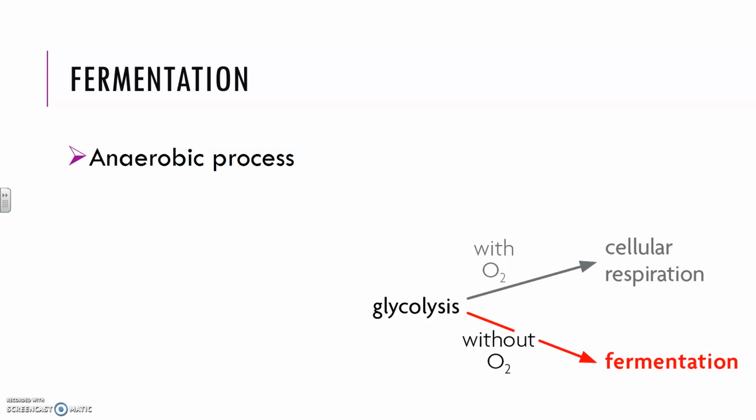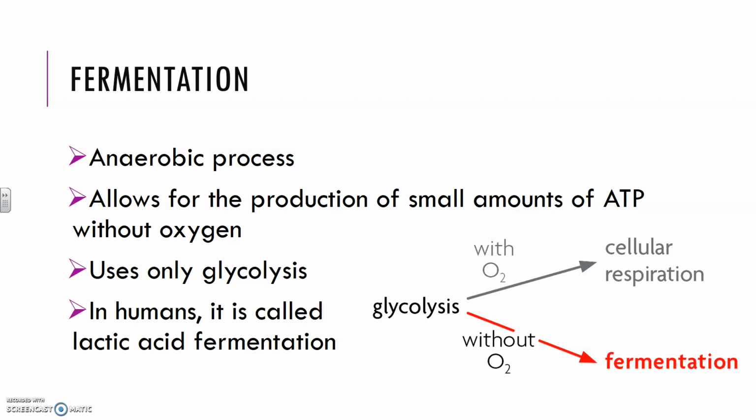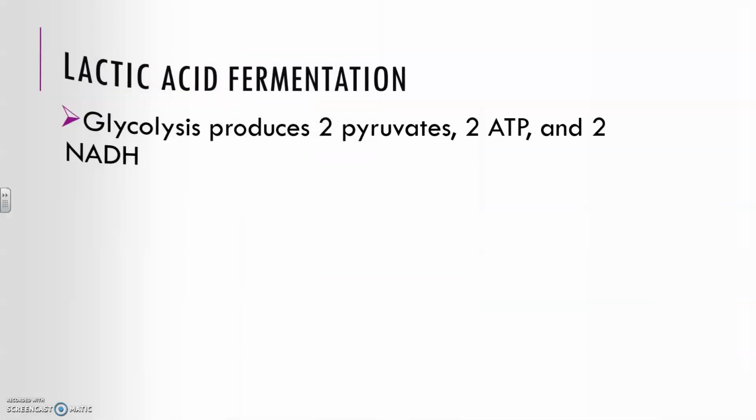It's still allowing the cell to go through glycolysis without going through the rest of the Krebs cycle and the ETC. It does this by only using glycolysis and regenerating the necessary compounds to keep glycolysis moving. In humans, it's called lactic acid fermentation.